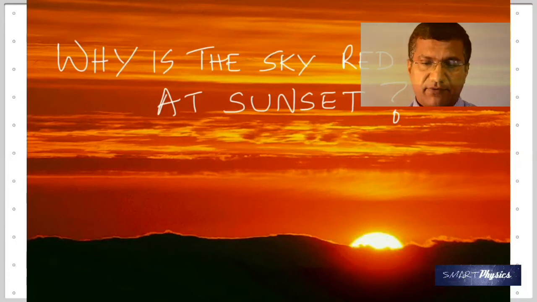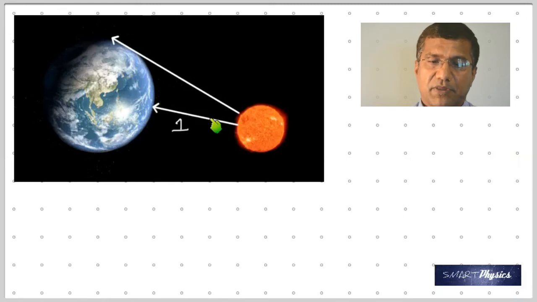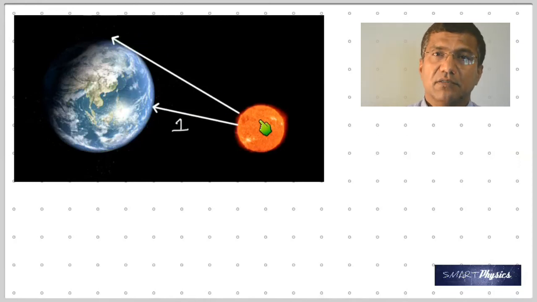So if you look at this diagram, at normal times during the day, you are somewhere here, so the distance that sunlight has to travel to get to you is small. But when you are at this location, for you, the sun is about to set. So now you see that the distance is much greater.